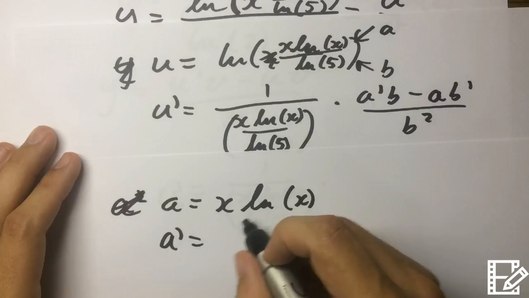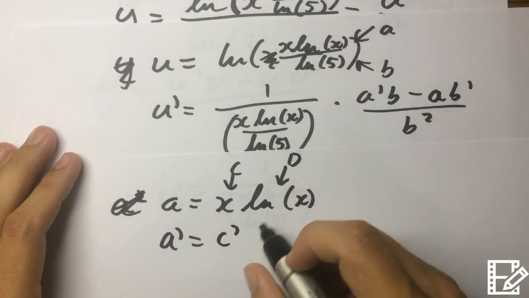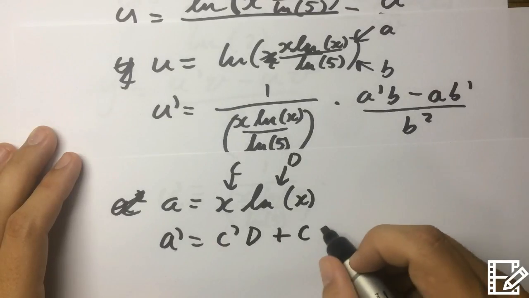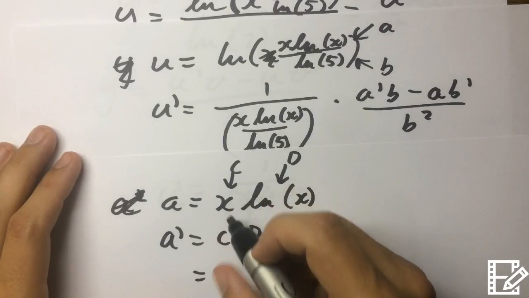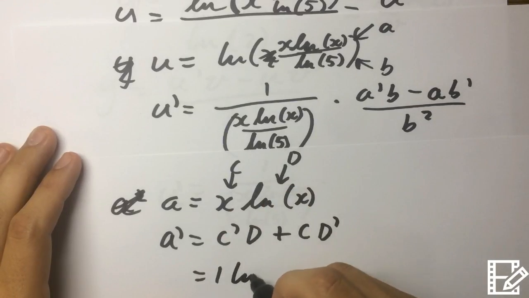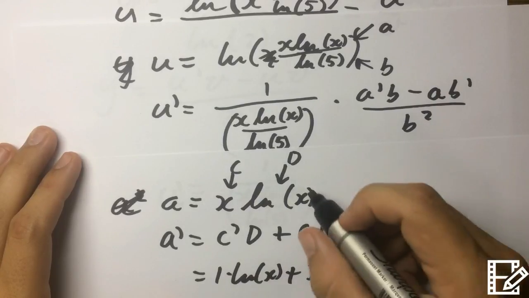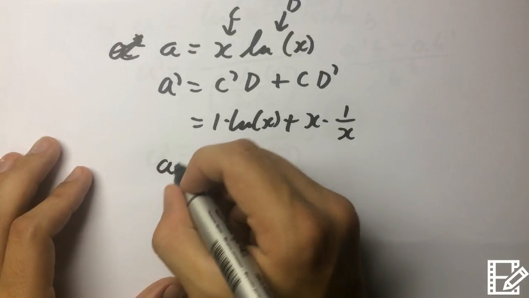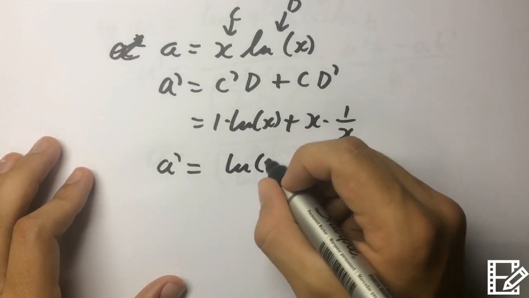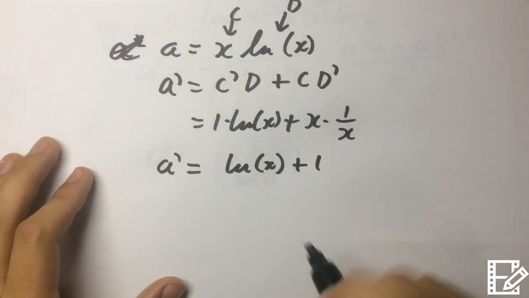Therefore a dash, we're going to call this one c and this one d. It's going to be c dash d plus c d dash. Derivative of c, if x is c, is going to be 1, d is ln of x, plus c, which is x, times the derivative of d, which is ln of x, which is 1 over x. And therefore a dash will be ln of x plus 1, because x over x is 1.